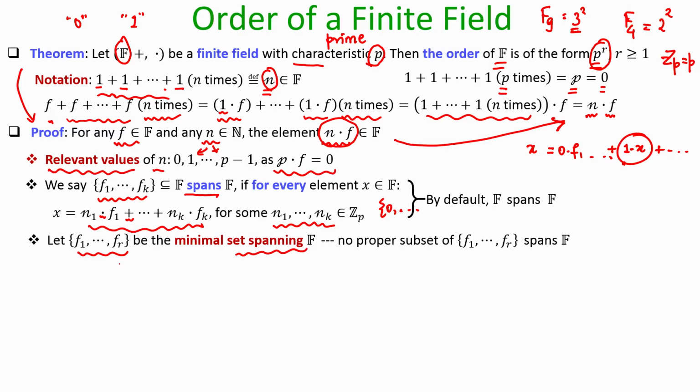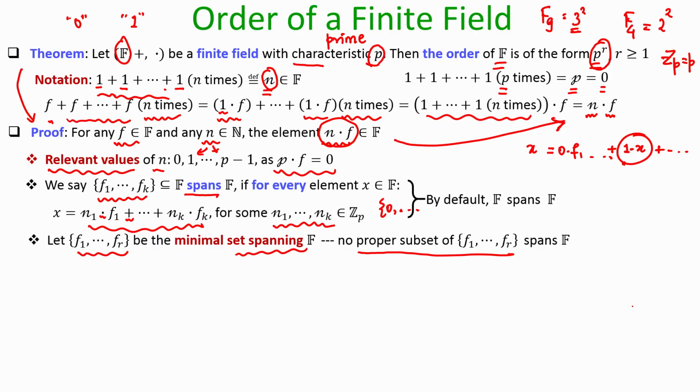If you remove any element from this collection, then the reduced collection no longer spans the entire field. That means, no proper subset of this collection spans the entire field F. In that sense, it is minimal, it is an essential collection. And there could be multiple minimal sets spanning your field. It is not the case that it is always unique.